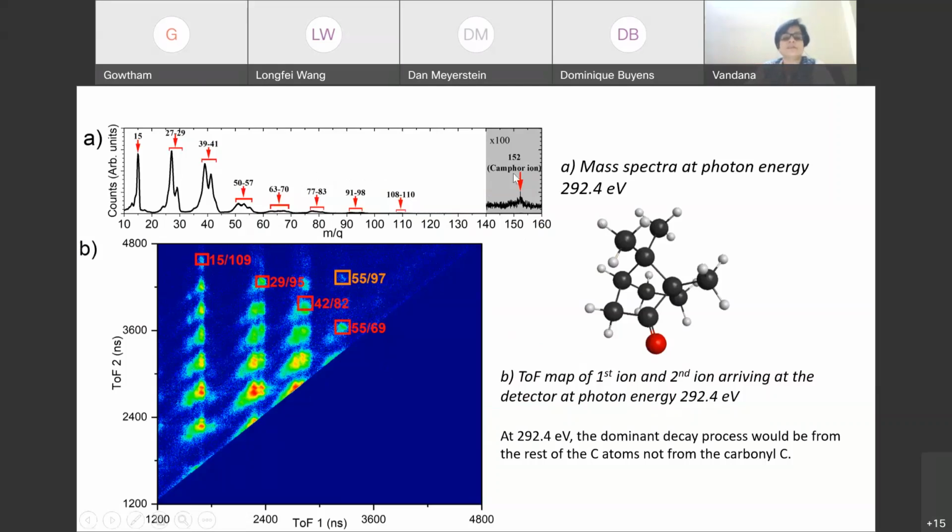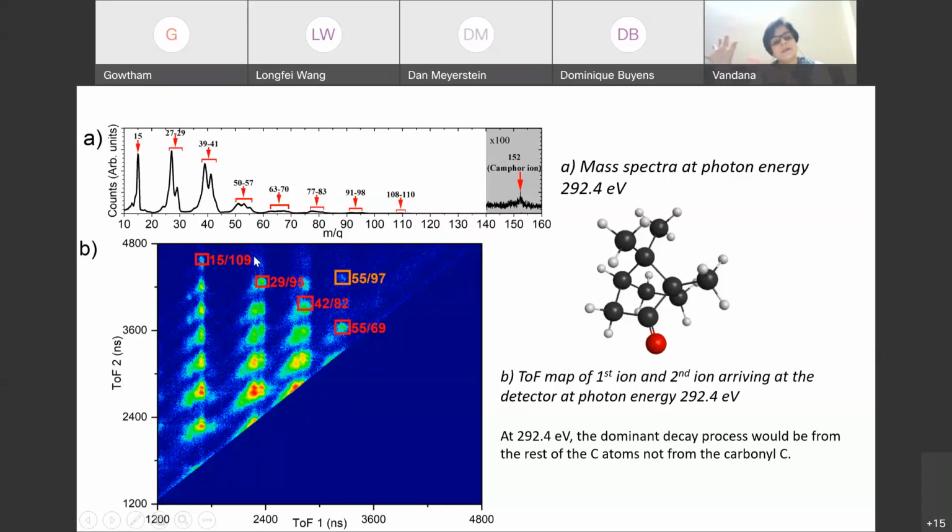This is just a one-dimensional time-of-flight spectrum, and this is where our interest lies. This is the slide, the third or fourth, where we saw that we are plotting the time of flight of the first fragment versus the time of flight of the second fragment, and we are constraining ourselves to the ones where the first ejected particle is neutral CO. Neutral CO we cannot detect, but all these fragments coming up here correspond to adding 28 to it.